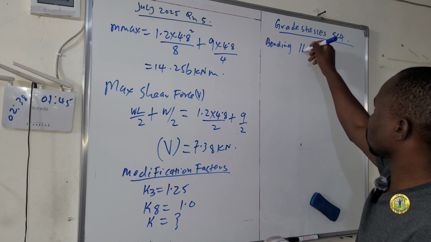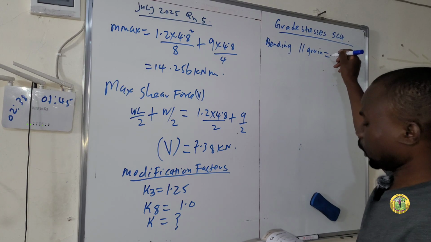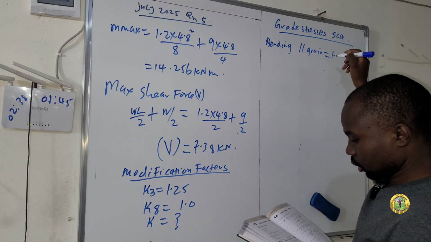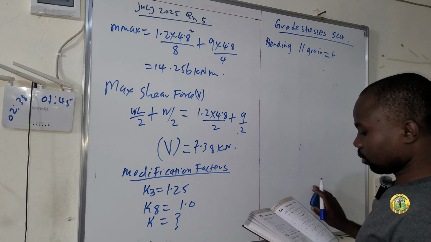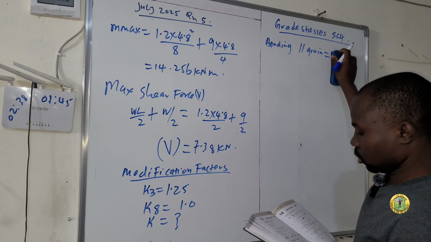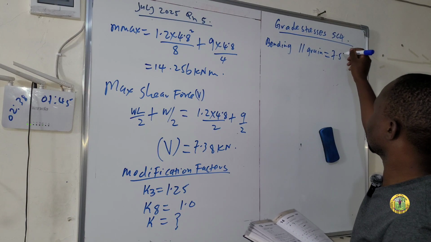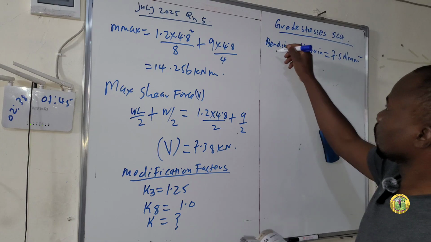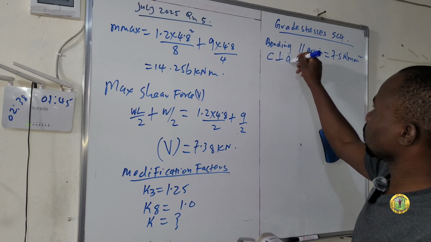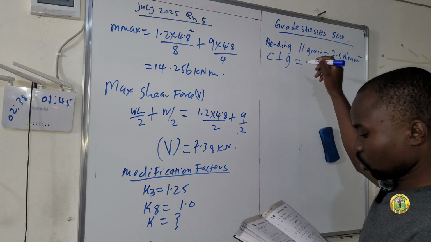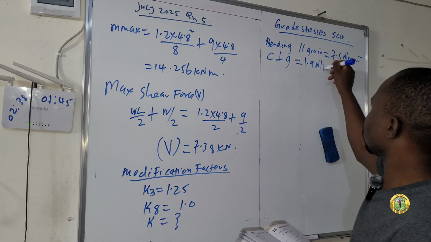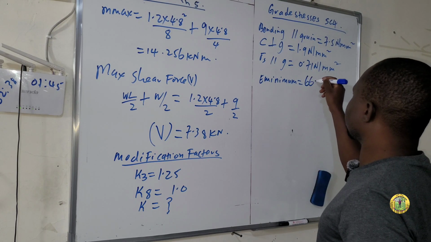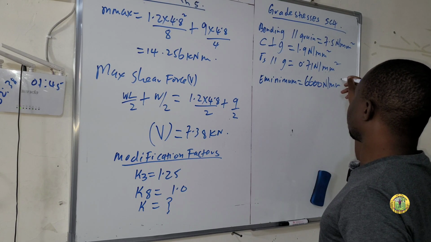Bending parallel to grain is equal to 7.5 Newton per millimeter square. Compression perpendicular to grain is equal to 1.9 Newton per millimeter square. E minimum is equal to 6600 Newton per millimeter square.